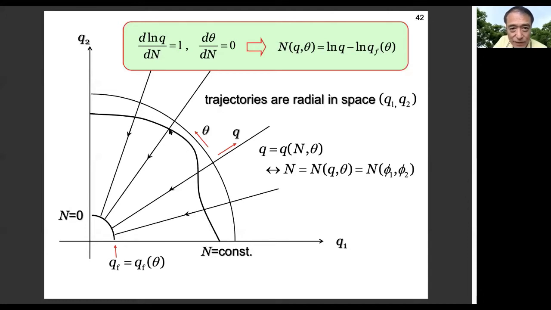And of course, because the final point is fixed, this N equals constant hypersurface is not locally determined. You can only determine it by integrating the equation. That's a very important point: this N dependence cannot be determined locally.